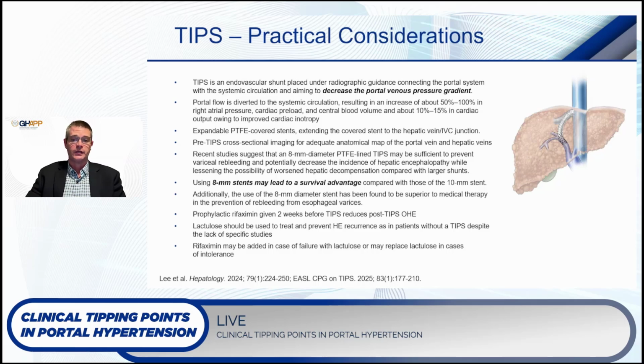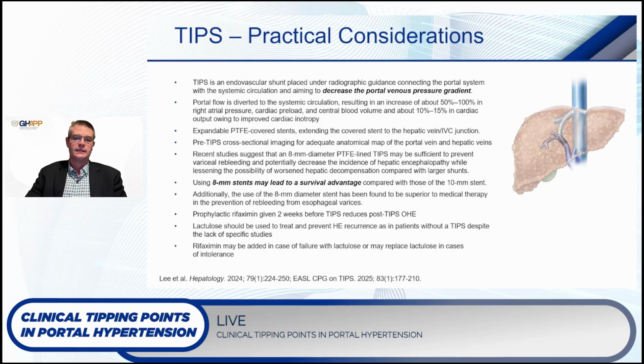The portal flow is diverted, but by doing this, you're going to increase anywhere between 50 to 100% of the right atrial pressure, the cardiac preload, as well as the central blood volume, and up to 15% of the cardiac output. The stents being used are covered stents, and they're extending into the hepatic vein and IVC junction.